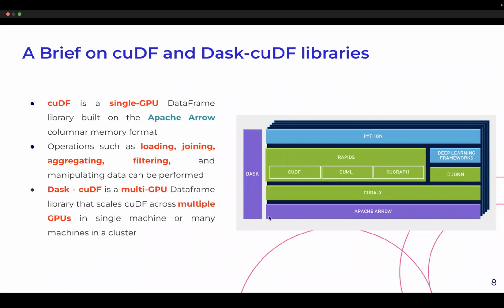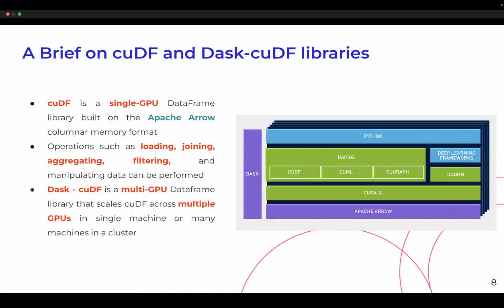So Dask-cuDF will come into the picture when your data file sizes are greater than your single GPU memory. At that time, if you are not able to load your data onto a single GPU, then you try to have multiple GPUs and scale it with Dask combined with CuDF.